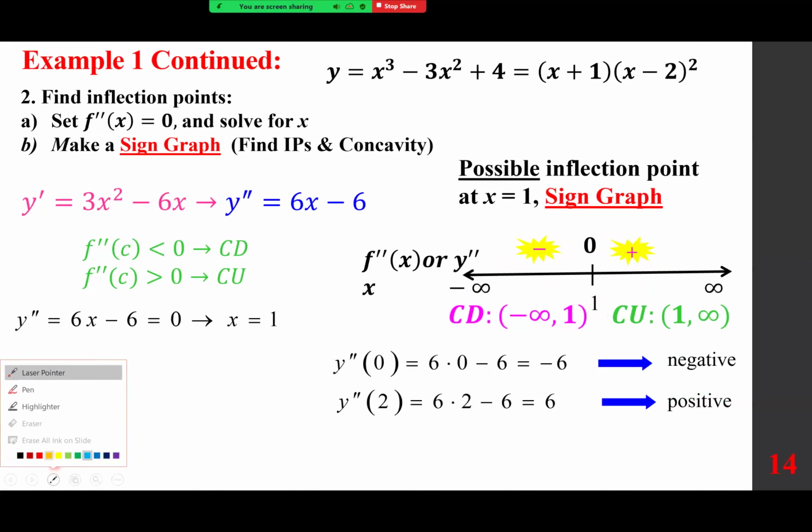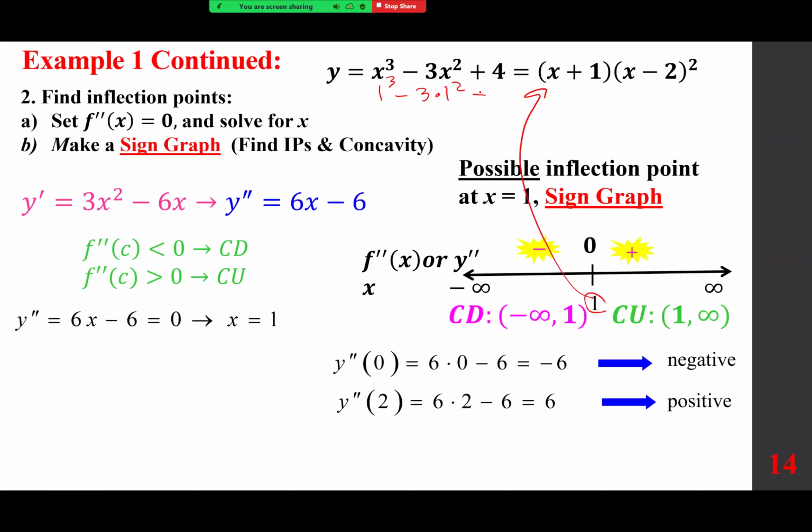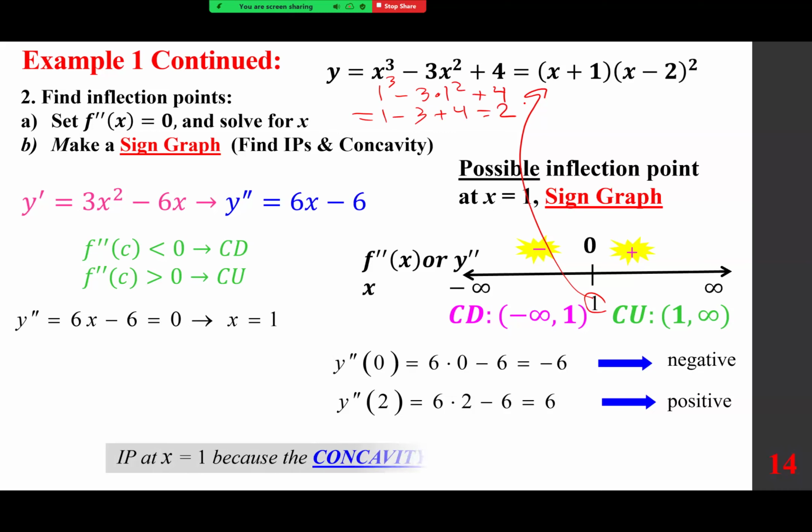If I put the 1 into this function, you can go here: 1 cubed minus 3 times 1 squared plus 4, which is 1 minus 3 plus 4, which is 2. And so we found the inflection point, or IP. Okay, everyone? Really nice and easy.